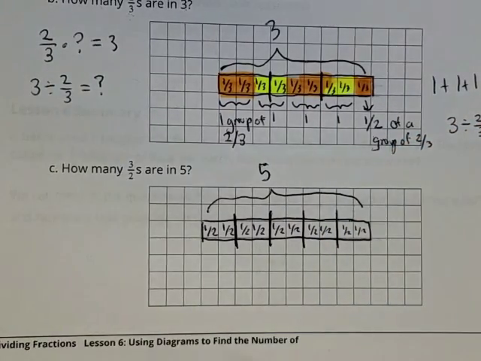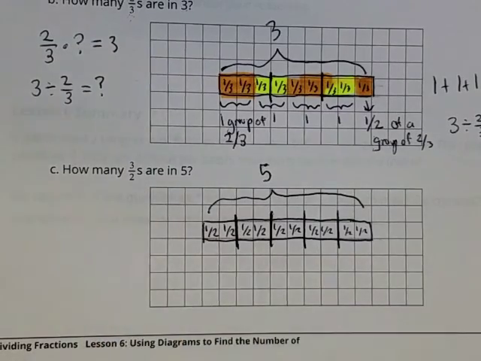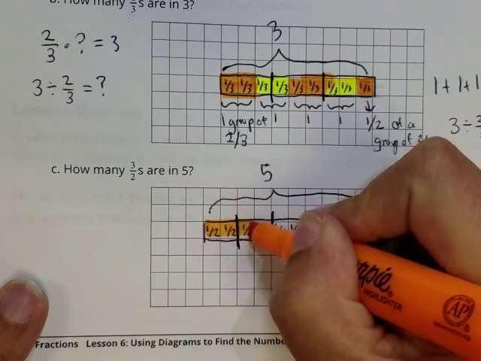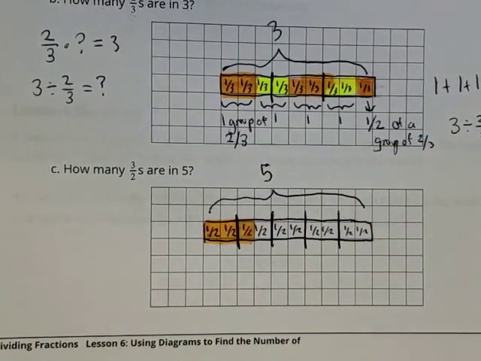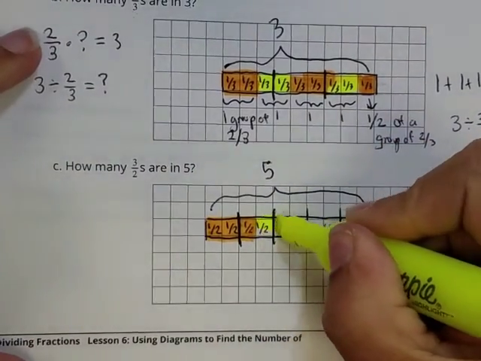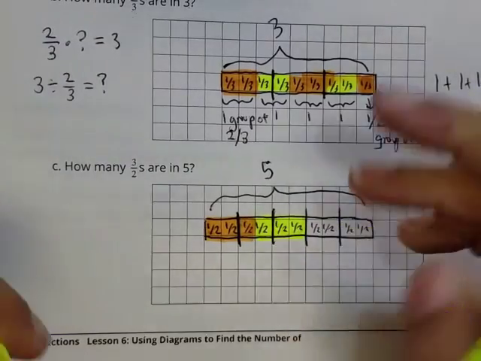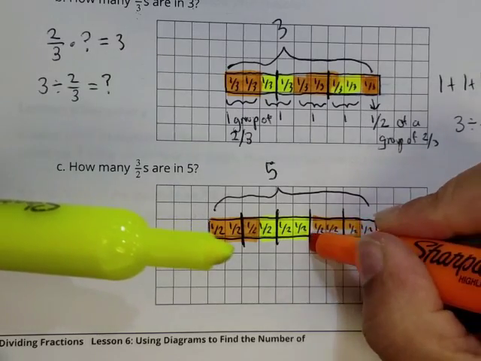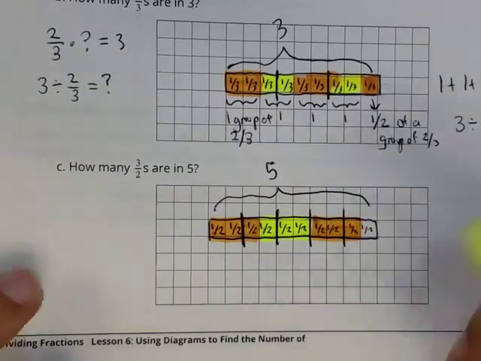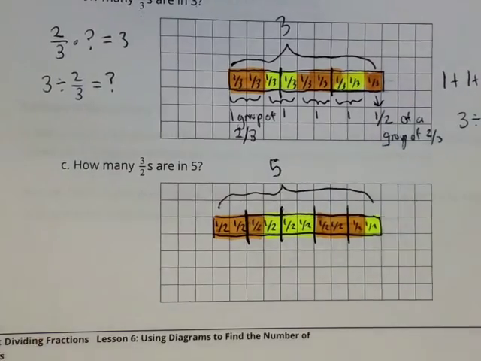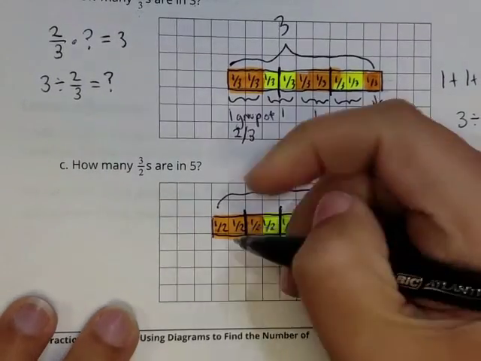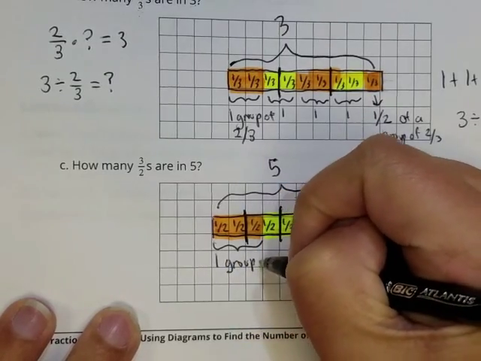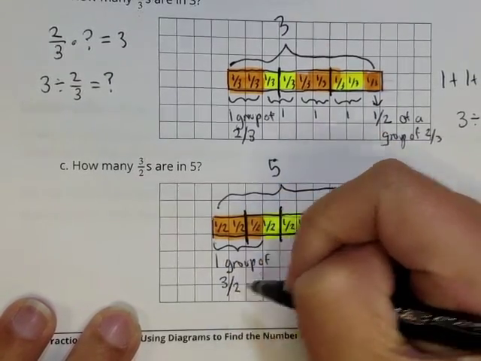My group sizes are 3/2, so that means I need 3 of them. So this counts as 1 group. This counts as 1 group. This counts as 1 group. And then I have this lonely piece over here, and I have to figure out what size it is out of its group.